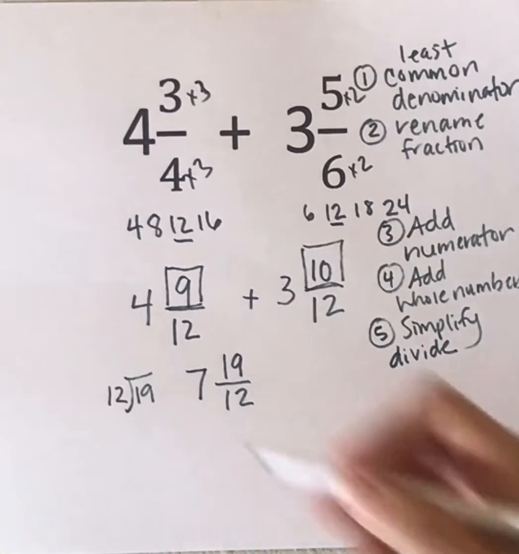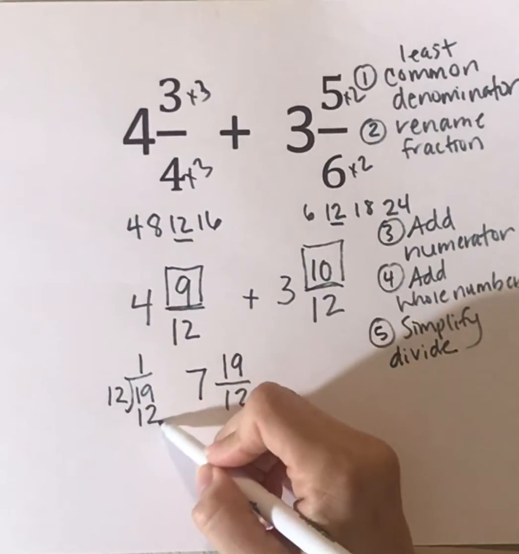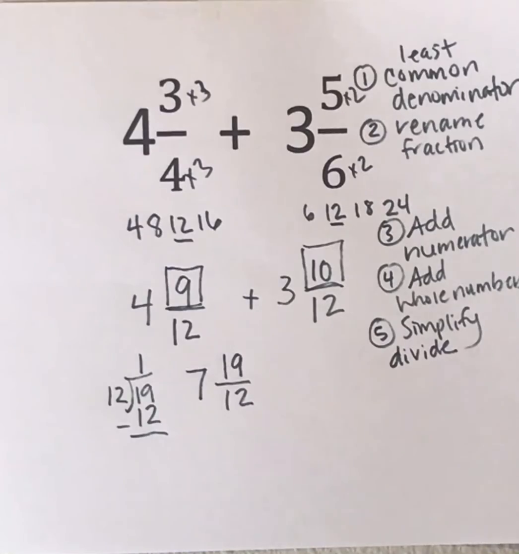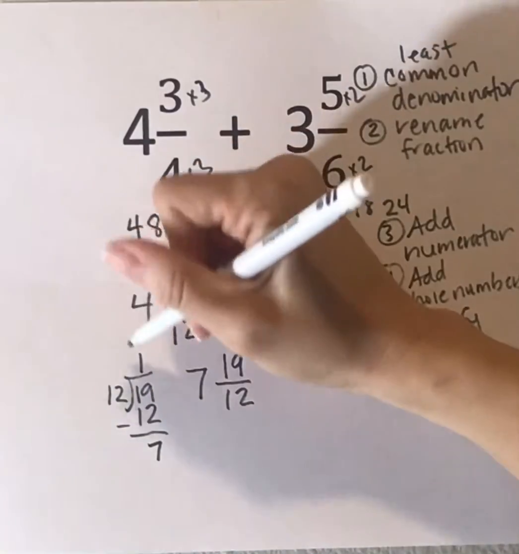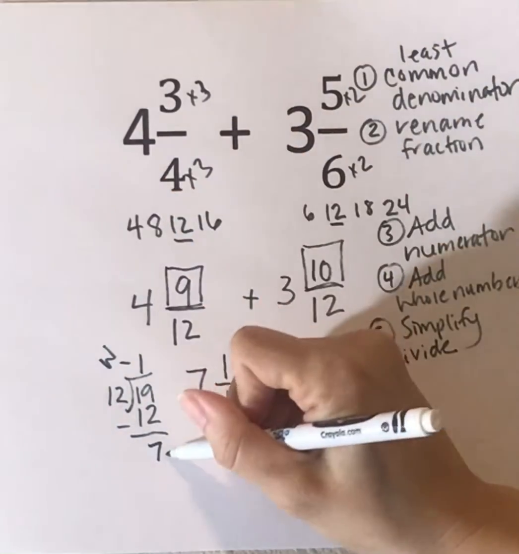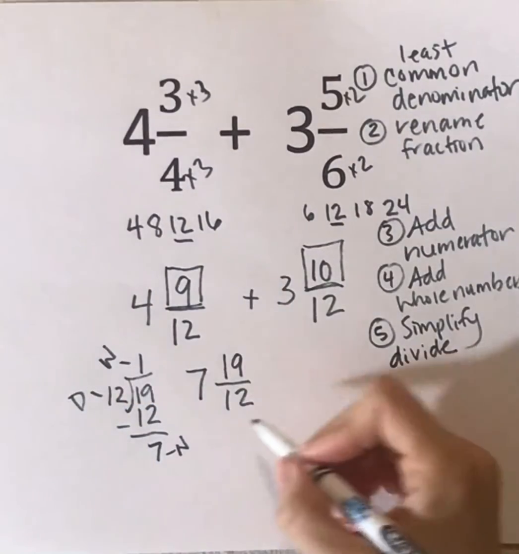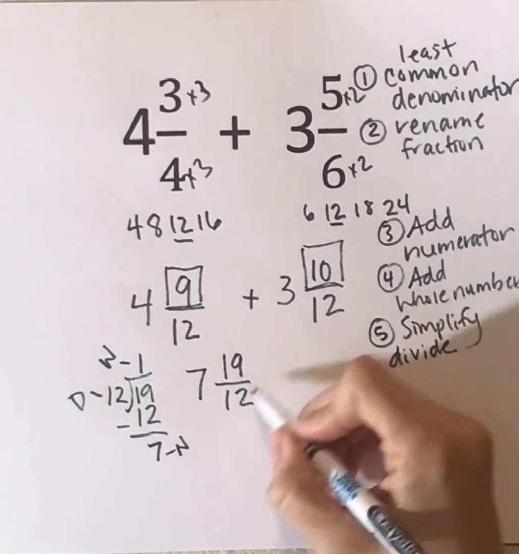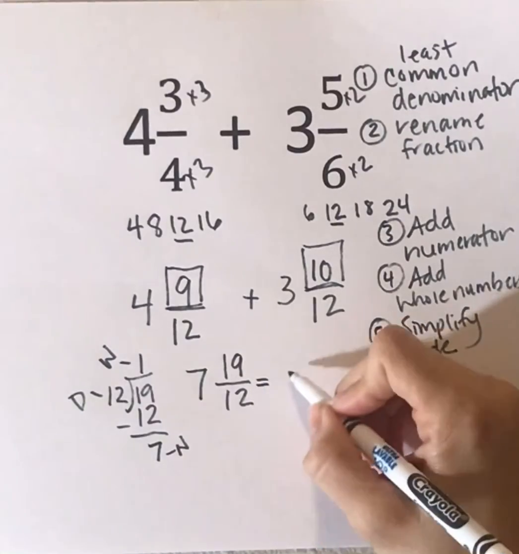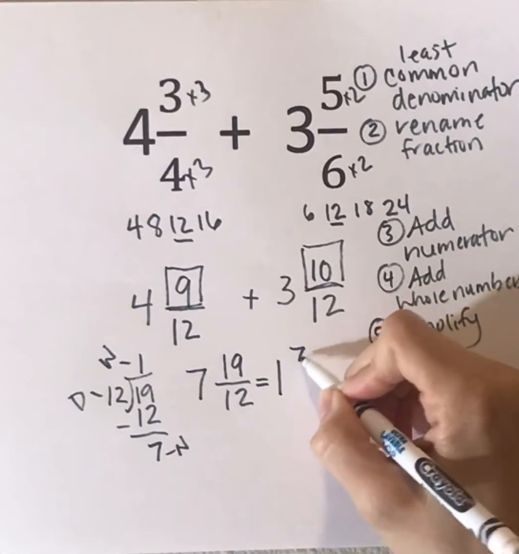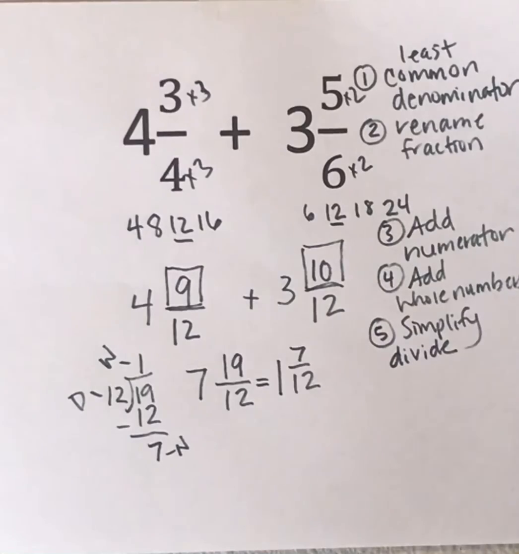And 12 goes into 19 one time. And then we subtract, and that becomes 7. So now what we get is, this is always the whole number, this is the numerator, and that's the denominator. So what we get now from 19 twelfths is 1 and 7 twelfths.